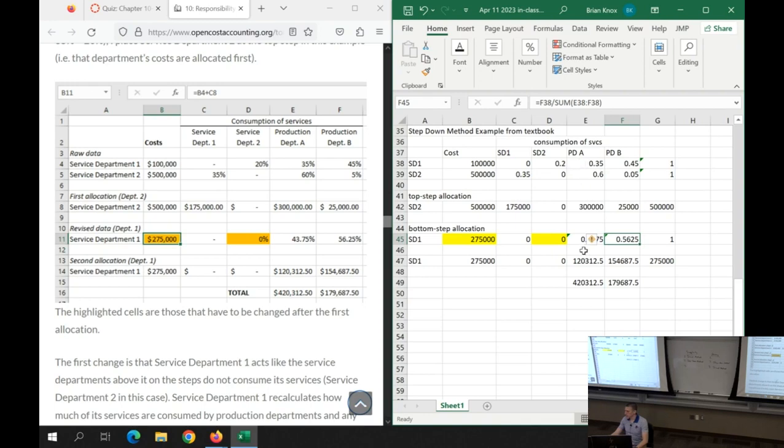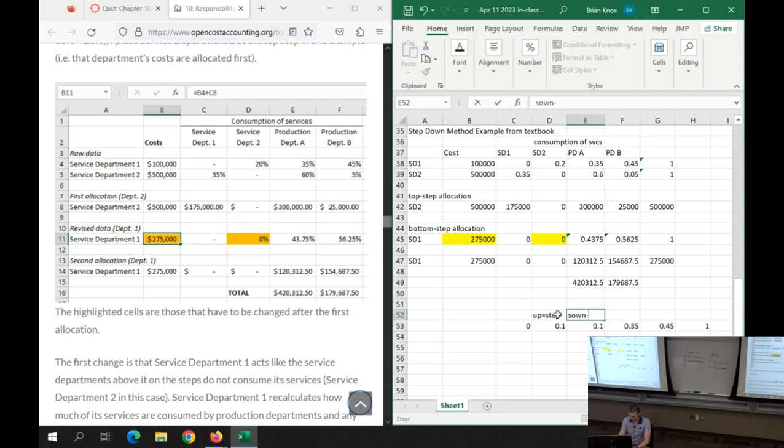Now, if we had a third one, like this middle one, let's build it real quick, I promise. Let's say, for example, you've got 3 different service departments. This is our up step 1.